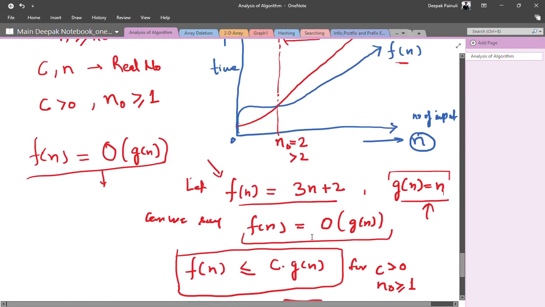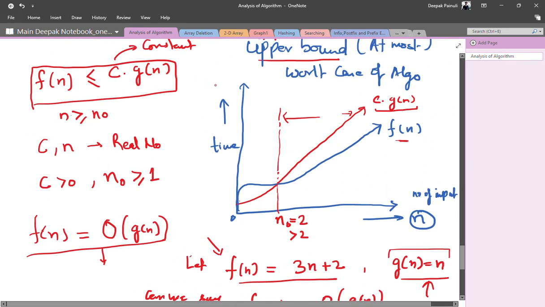What it means is that for every value of n, our gn will always be greater than our fn. But before this n0 equals 2, we cannot say that fn is always a big O of gn, because in this case you can see fn is greater than your gn.